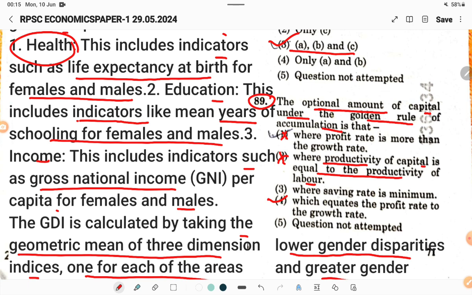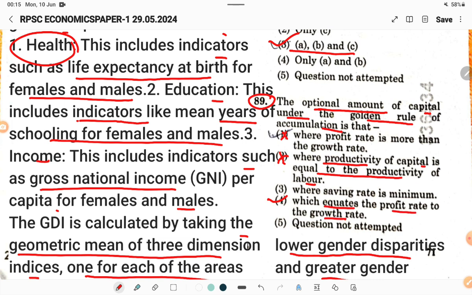And the third one, where saving rate is minimum. This statement does not align with the golden rule of accumulation. The golden rule does not stipulate that the saving rate should be at a minimum. Instead, it focuses on optimizing the amount of capital investment to ensure that the return on capital matches the rate of economic growth. And the fourth one, which equates the profit rate to the growth rate.